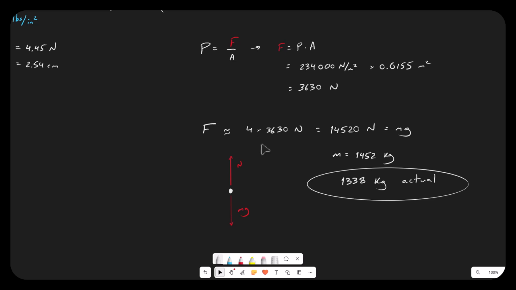Because the engine's in the front, we're going to get a little bit more force on those front wheels than on the back wheels, which means this 1452 we knew was going to be just a little bit of an overestimate. But I think that's quite good, all things considered, being that all I did was take a couple of pieces of paper.